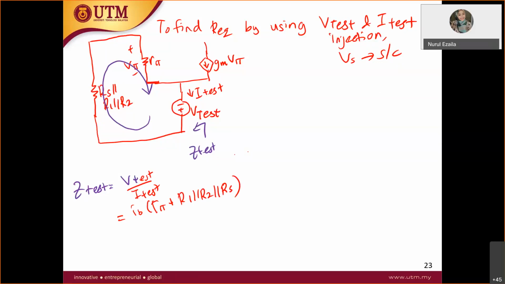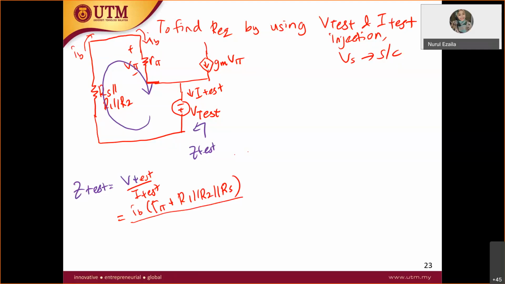So apply KVL, I hope you know. The current at RS here is also IB, same as R pi. Therefore, the total voltage across this loop is IB times R pi plus R1 parallel with R2 parallel with RS.